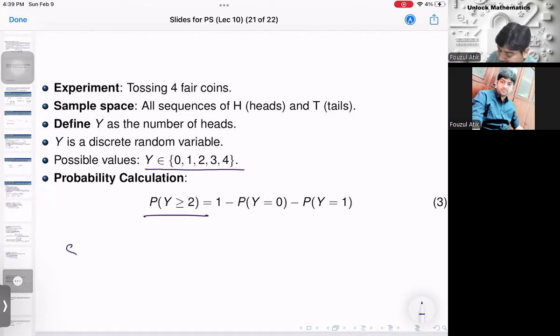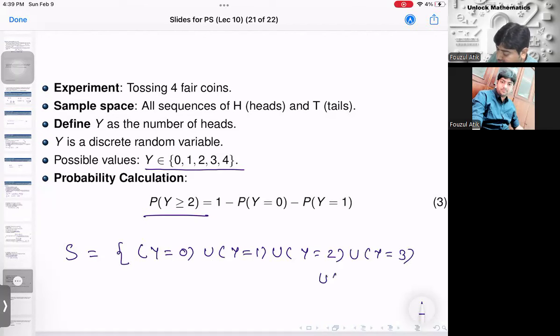So our sample space S is basically the events Y equal to 0, union Y equal to 1, union Y equal to 2, union Y equal to 3, union Y equal to 4. This is the whole sample space, and all of them are mutually exclusive. Y equal to 0 is one event, Y equal to 1 is another event, so all these events are mutually exclusive.